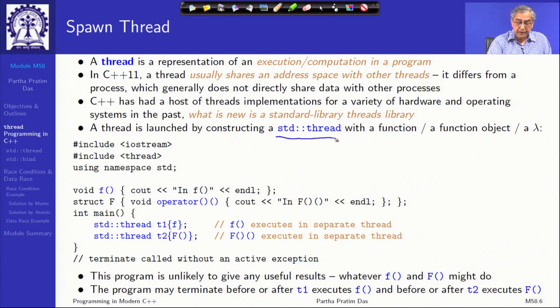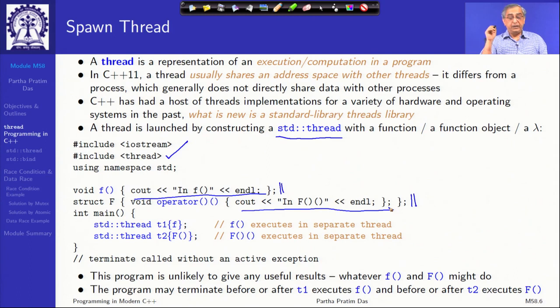Using the primary component, which is the thread component in the library, you can launch a thread with a function object, or even with a lambda. So, you include that component, and suppose I have a function small f here, and a function object capital F here, and they do not do anything, they just print a message.